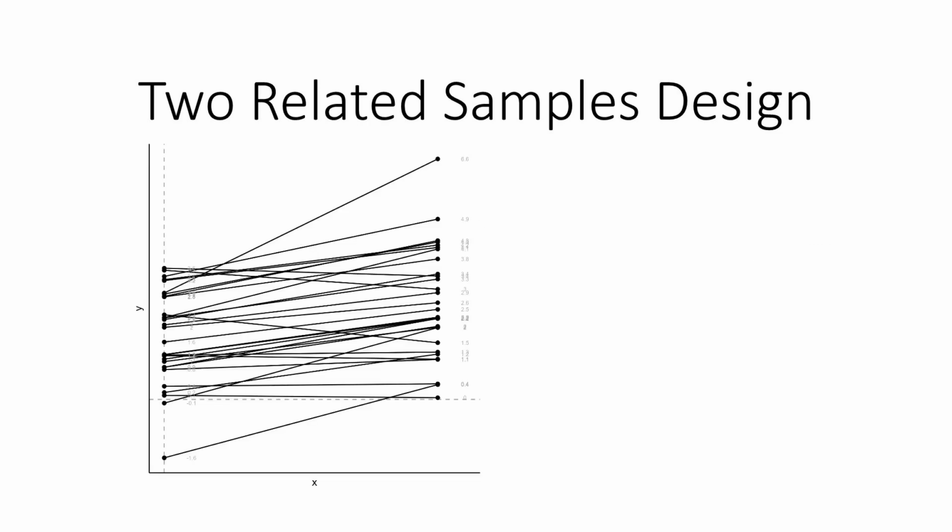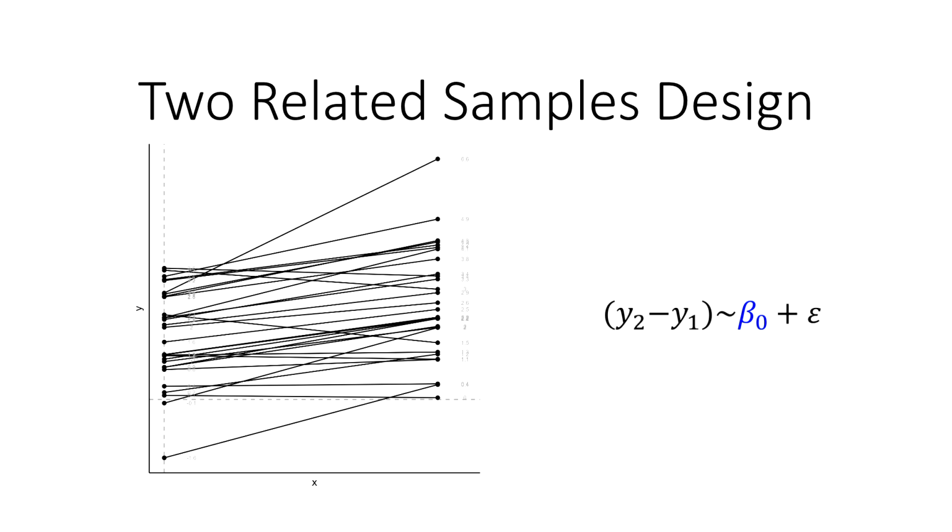So typically what we have in our two related samples design are these pairs of observations for our y variable, the variable that we're interested in, our outcome variable. So we can think back to our single sample regression model, our single sample general linear model, and have an intercept only model that is interested in predicting the differences between those two y values that we've collected.